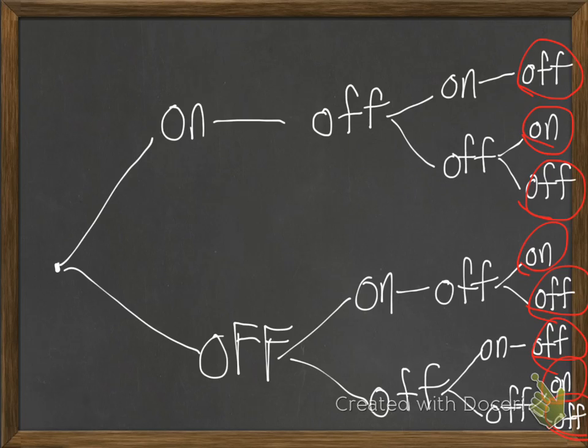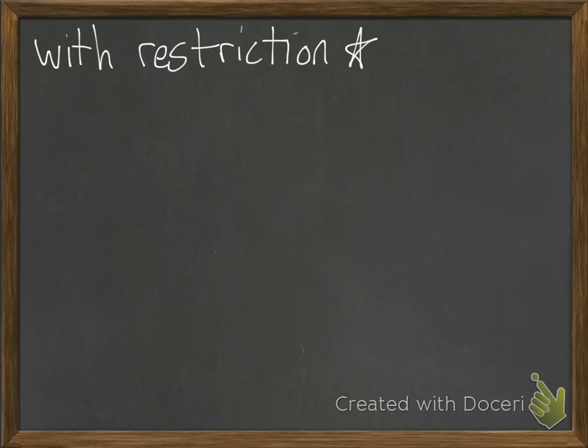So I would like to summarize these results, and then I'll give you your extra credit question. Now with the restriction star for 3 switches, we discovered that there were 5 total outcomes instead of the 8 that we got without any restrictions. And for 4 switches, we found out that there were 8 outcomes with the restriction.